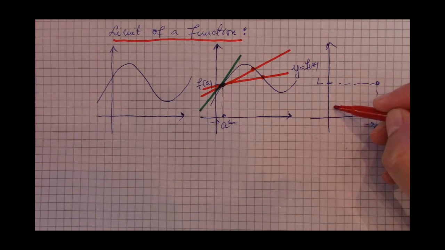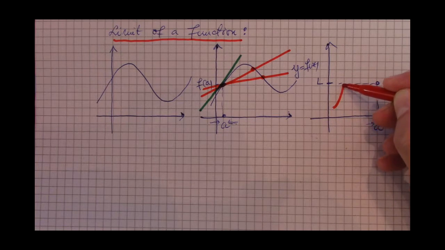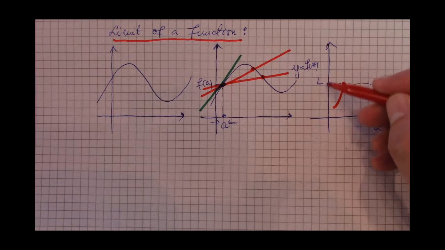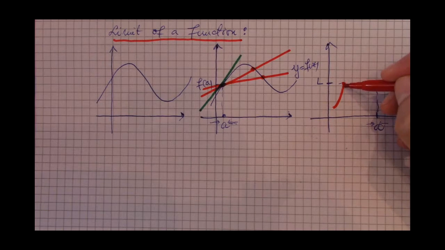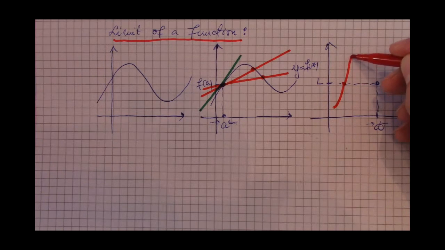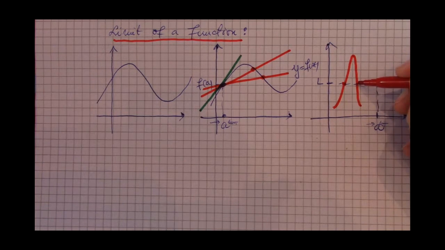Let's say maybe this function starts off by increasing towards L. Now it even touches the point L on the y-axis, and maybe it keeps going up, and then decides to turn back down. Again we cross through the line y equals L, so we went underneath it, and then maybe we go above it again, and then underneath it, and so on.